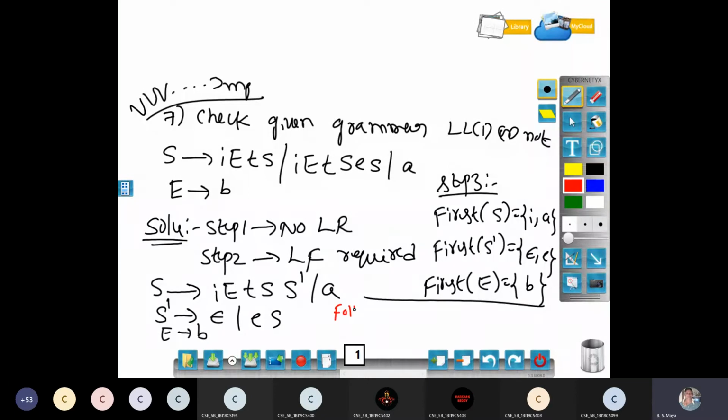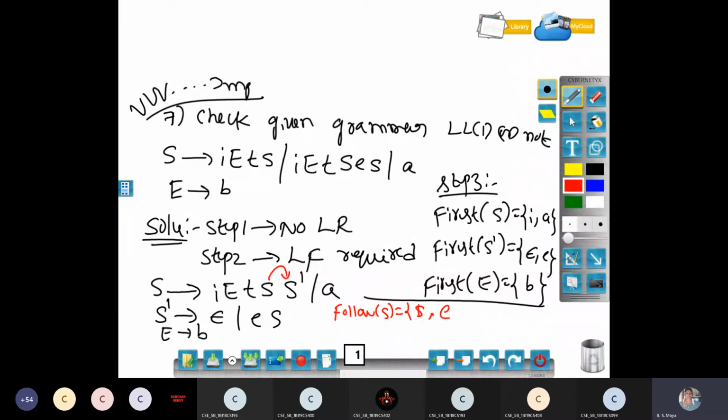Follow of S, because it is the start symbol, I can include the dollar symbol for S. After that, I have to find wherever S appears. The follow of S includes S dash, so I have to use first of S dash. First of S dash is epsilon and e. I have to copy down e only, don't copy down epsilon. Because of epsilon, I then have to go to follow of S dash also.